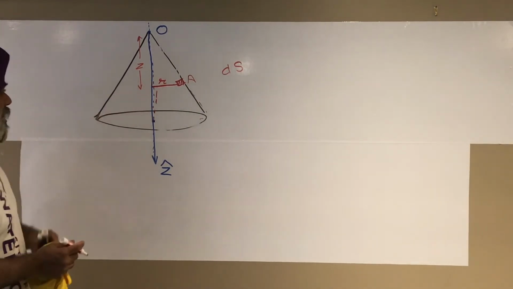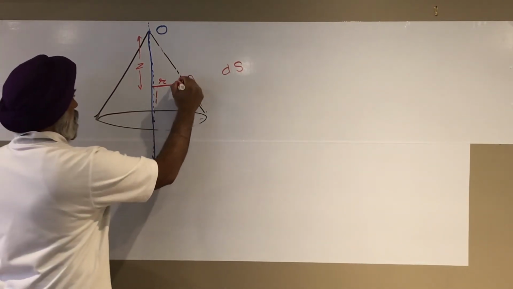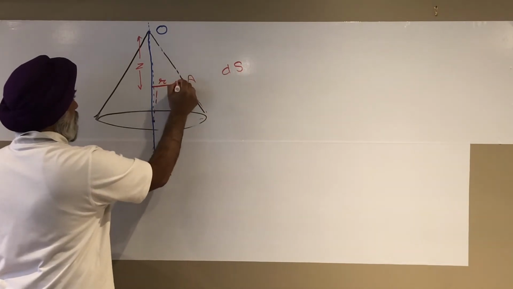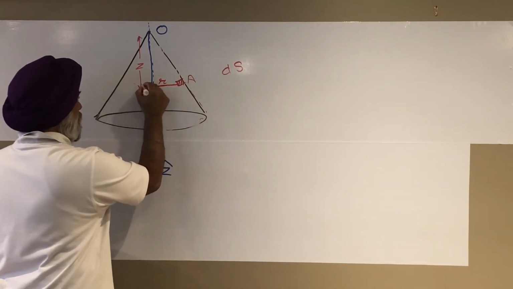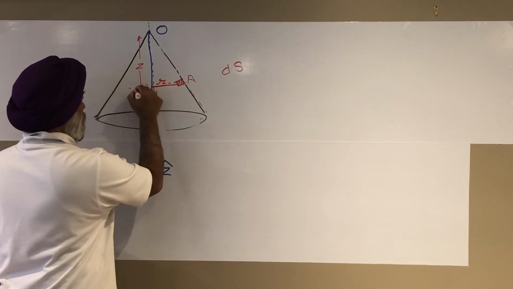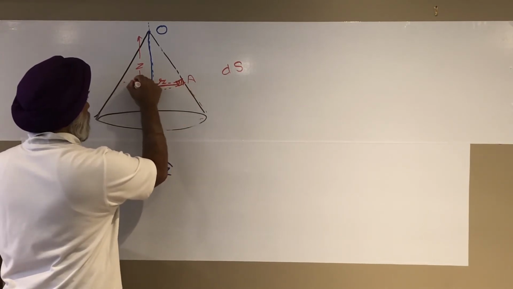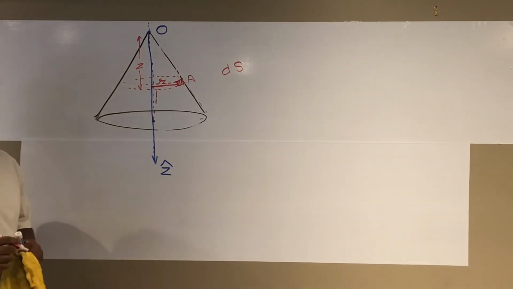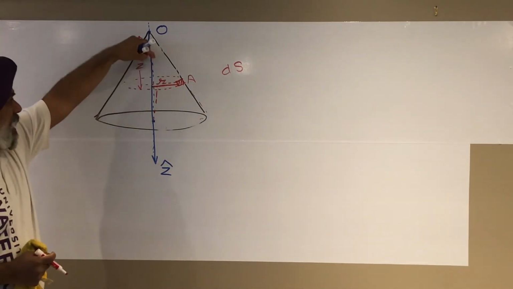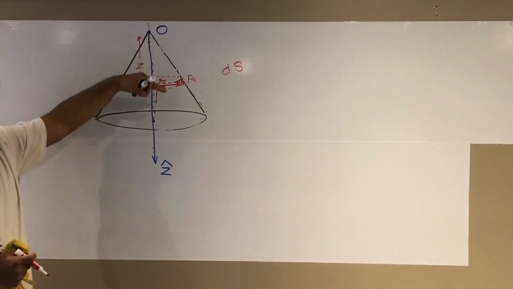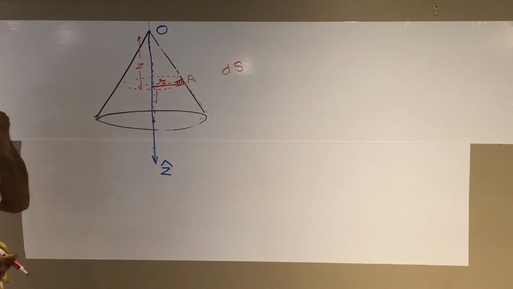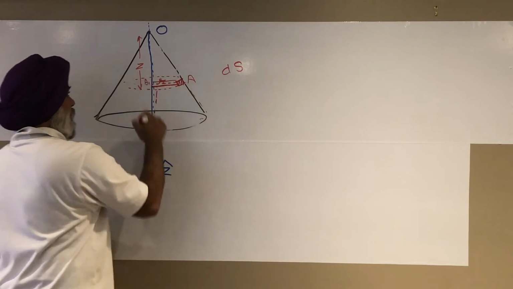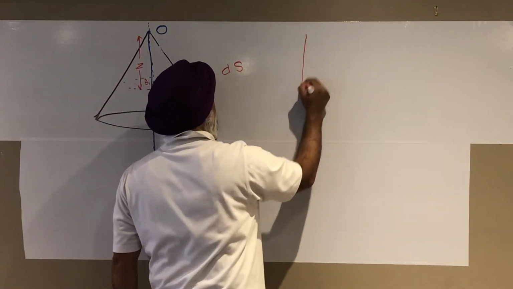So we call this r, and again what we are trying to do, just like the spherical system we've done before, is create a differential ring like this first, and then go to different z's and add the different rings. So again, let's make a right angle triangle once we have identified it.